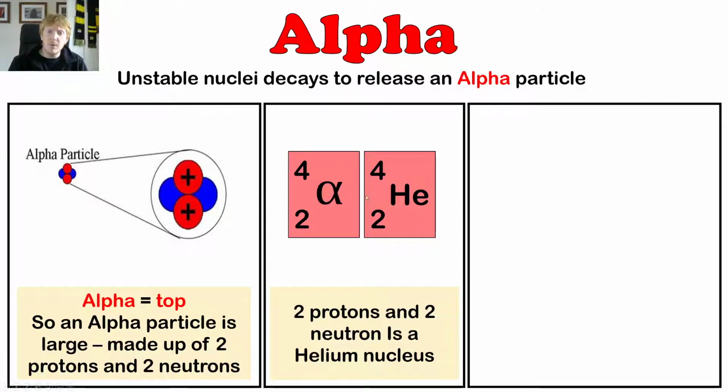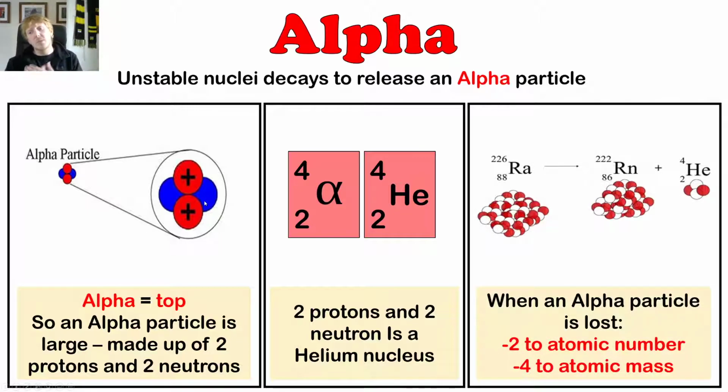So you could see it represented as atomic number 2, mass 4, helium, or you could see atomic number 2, alpha symbol, and then a mass of 4. It could be represented in either of those two ways, but that's what it is: 2 protons and 2 neutrons. When an alpha particle breaks off from your nucleus, you lose 2 protons and an atomic mass of 4, because you lose those 2 neutrons as well.